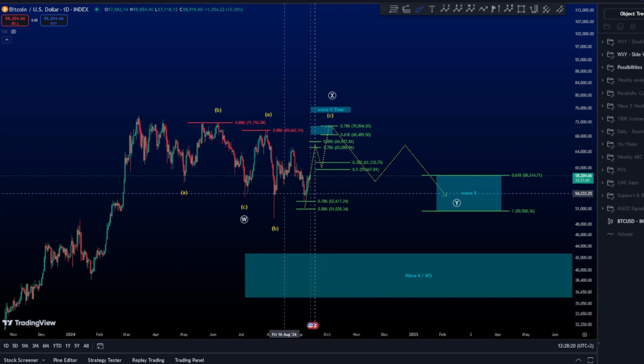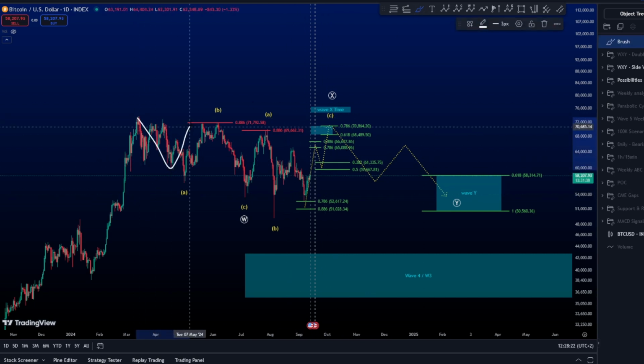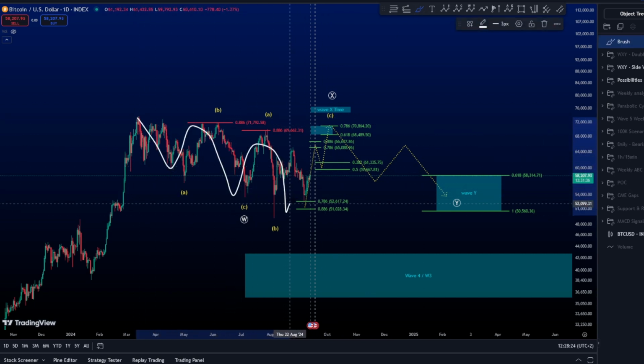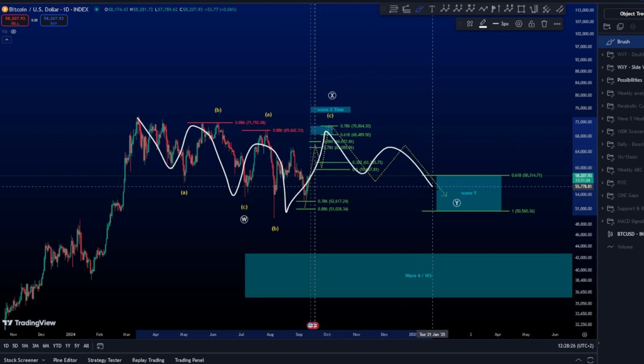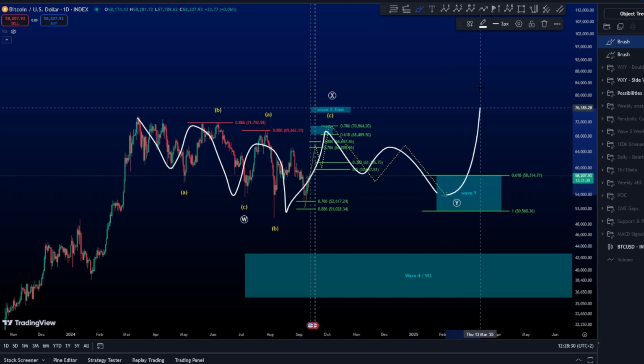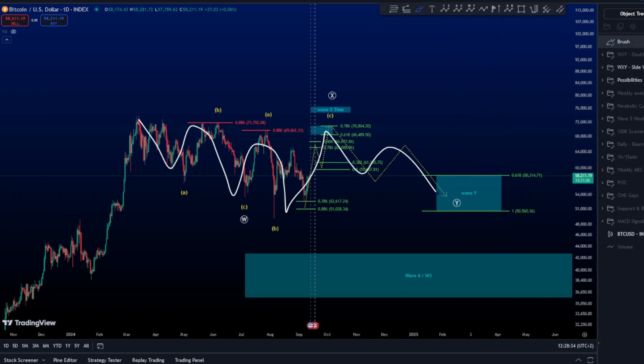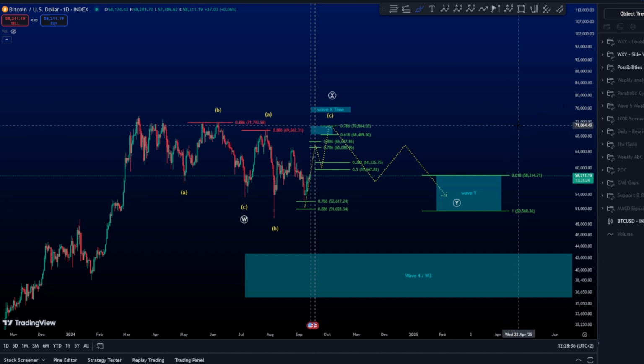Therefore, after finishing this zigzag and then expanding flat, you want to look for one more zigzag for a wave Y, and then we move up impulsively and explosively to our 100K scenario.